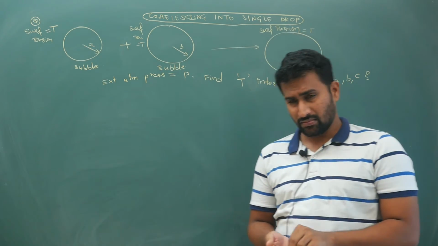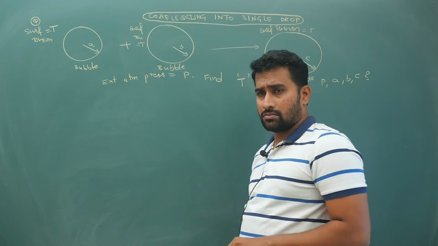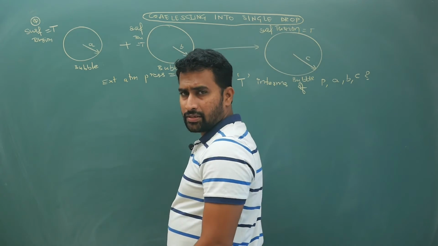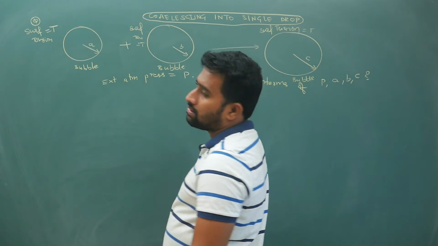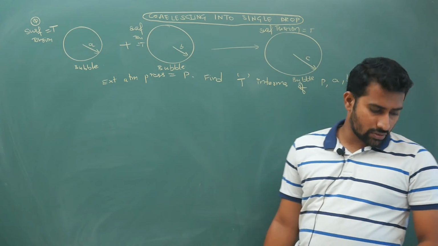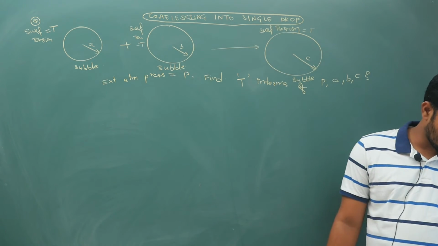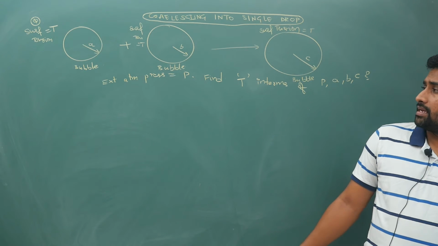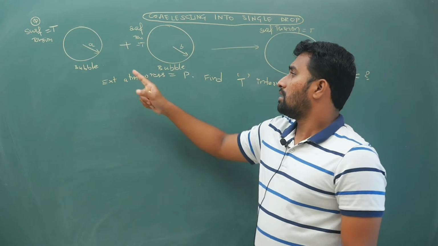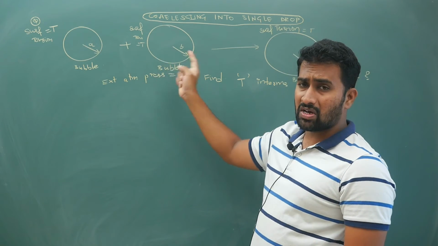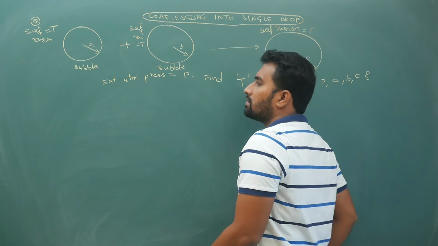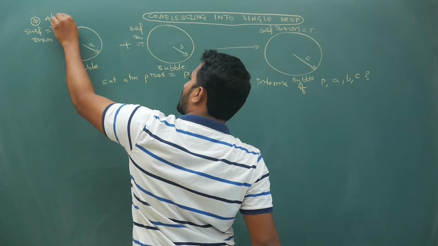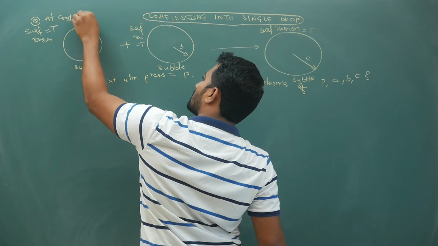Okay, right. Now I am going to do the answer. When these two bubbles combine, the number of moles of this gas will remain constant, and assume that this process is happening at constant temperature.